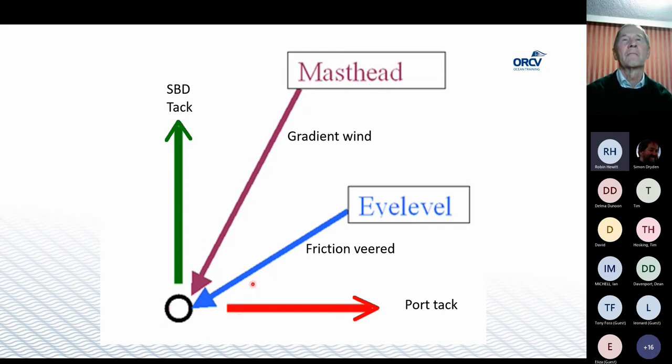And when it's on port tack, you move the jib car back so that you open the top and close down at deck level. So if you've ever wondered how to set a sail or what you actually do, this is the theoretical application.